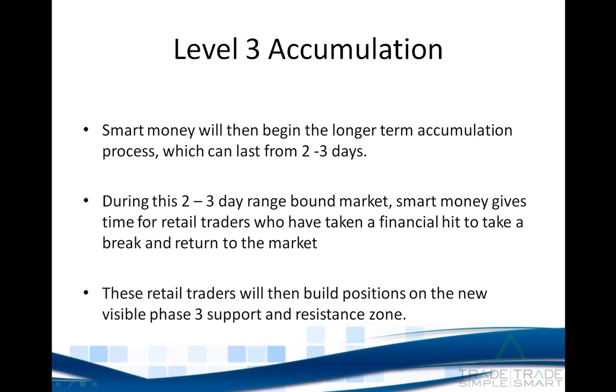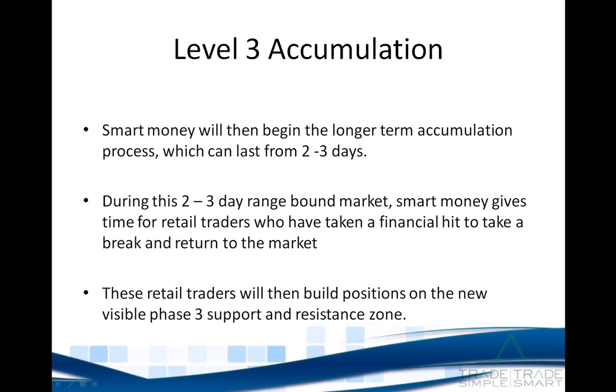Now, for those traders who need that break to reassess their strategy or reassess their psychological state, smart money allow them this time, and this is why they have this period of liquidating their position over 2 to 3 days and calm the market down, giving the traders who have taken a hit time to return to the market.